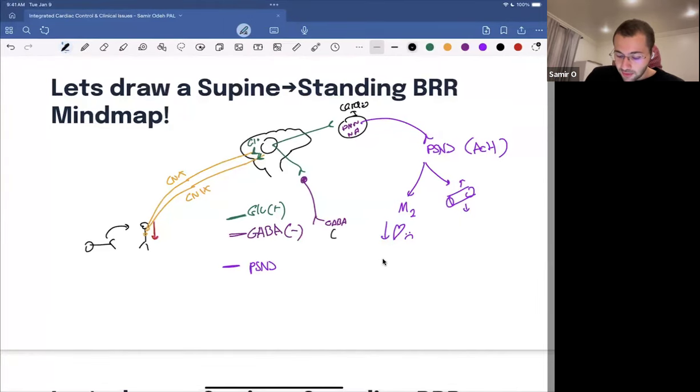It's going into your vasomotor center. Now your vasomotor center, it's responsible essentially for stimulating your sympathetic nervous system. And whatever you depress, it's going to depress your sympathetic nervous system. So let's have our sympathetic nervous system be pink, for example.